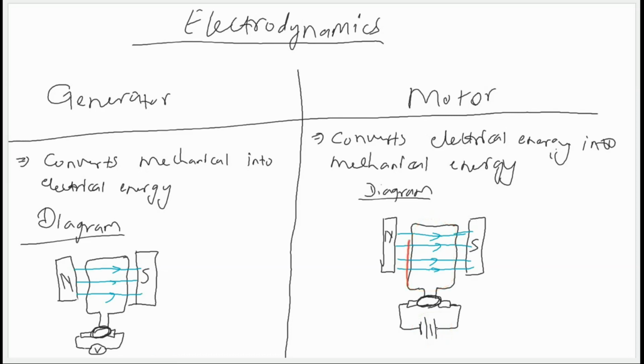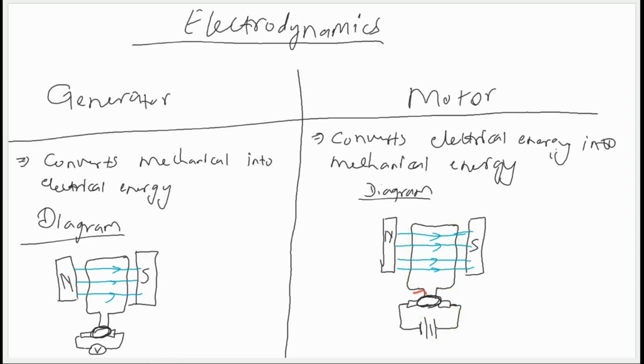So the force will be created inside here between these magnetic fields in order for us to have some mechanical energy. This wire here will rotate because of the fact that we have a battery here. This battery will supply the wire, so that we can have current moving through this wire here.